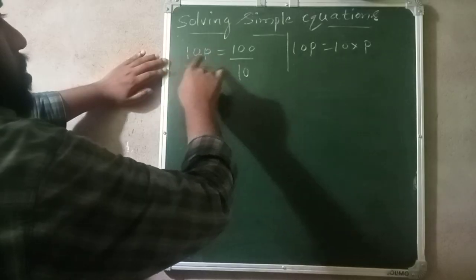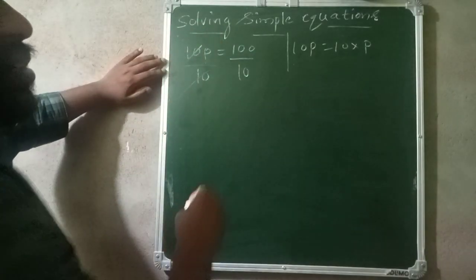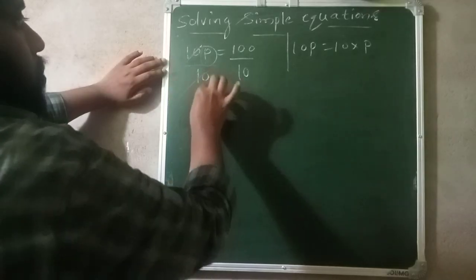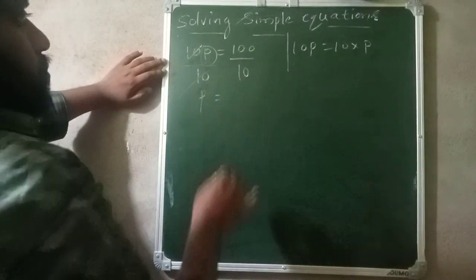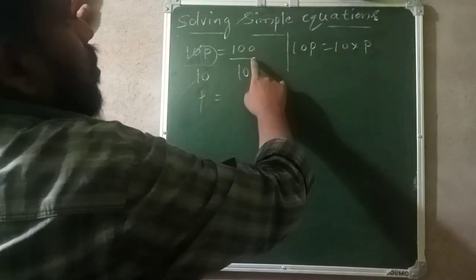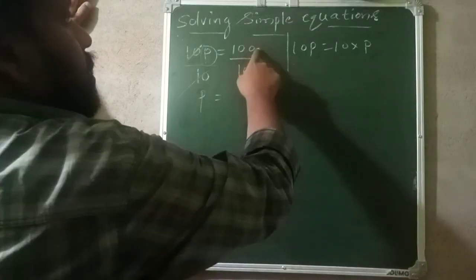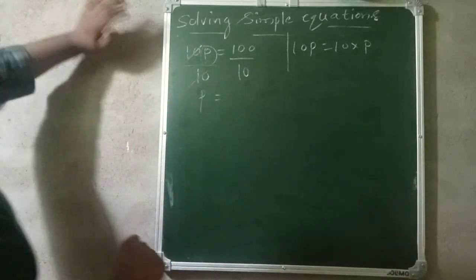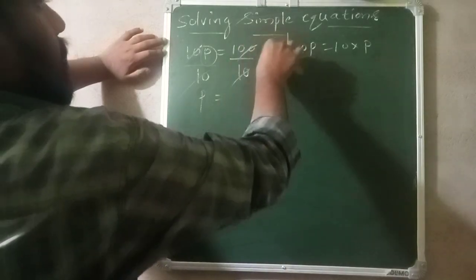Now, because there is into between 10 and p, you can cancel 10, 10. What is left? p, that you write here. p is equal to. Next, this is 100 divided by 10. We have to divide 100 by 10. 10 ones are 10, 10 tens are 100.